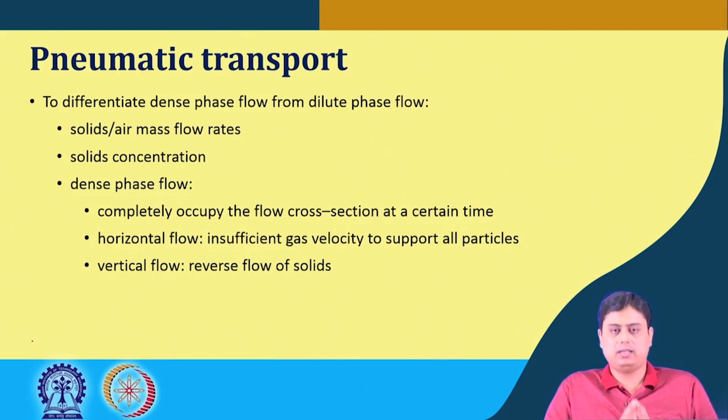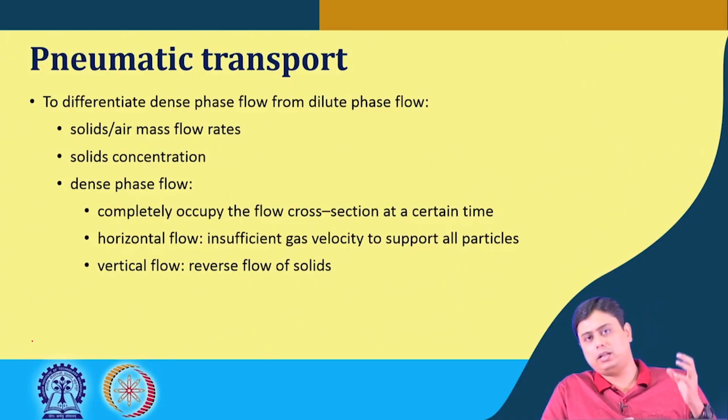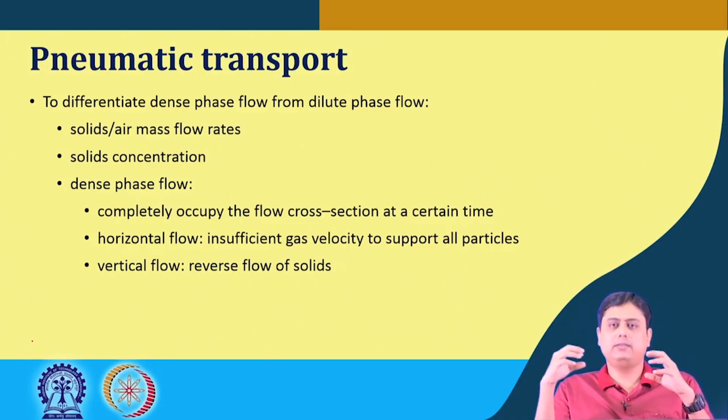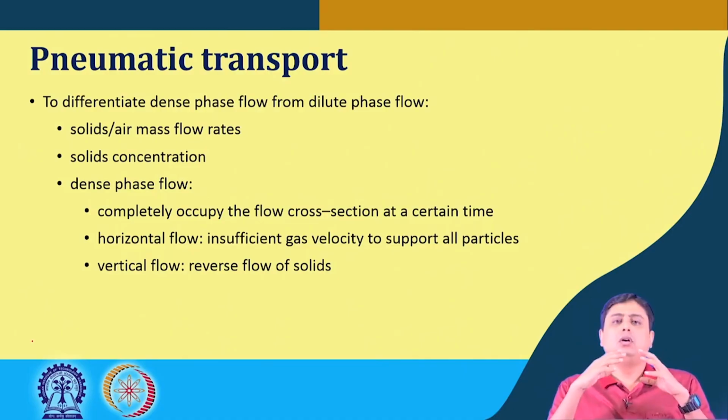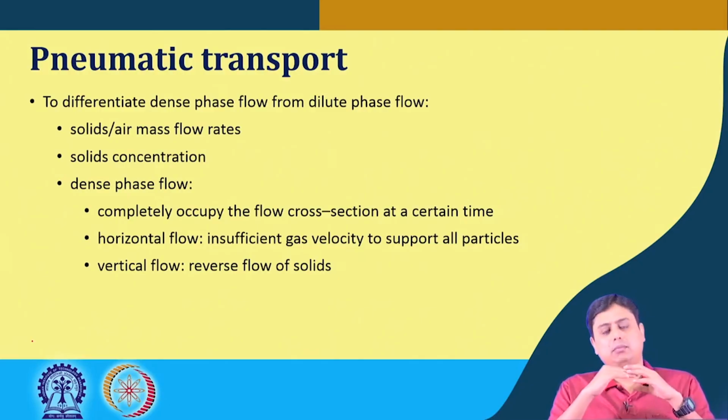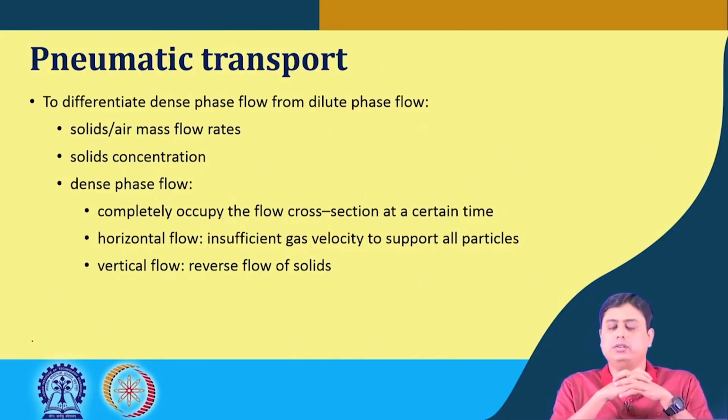That means particle settling will happen in horizontal flow. Say, in a horizontal pipe, the dense phase flow is happening. We can characterize that this is a dense phase flow if we see that particle settling is happening, or say there is a saltation regime like we have seen in the case of slurry transport.